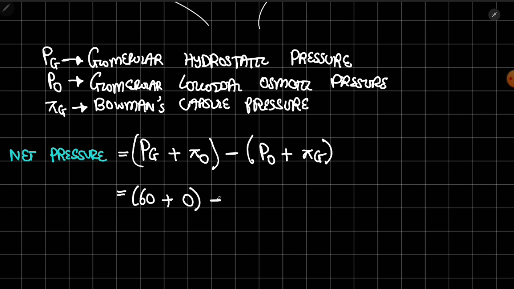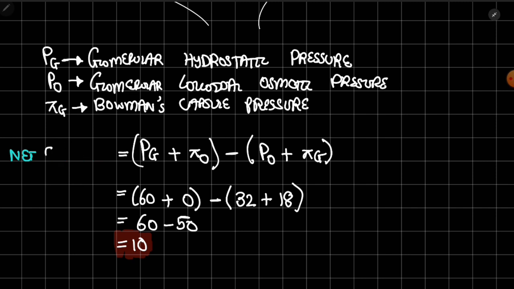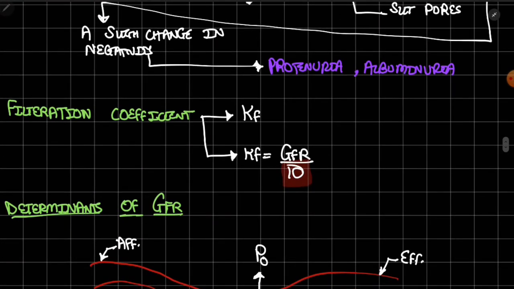The glomerular colloidal osmotic pressure is 32, and the Bowman's capsule pressure is 18. The answer comes to 60 minus 50, which is 10. So the net filtration pressure is 10, and this 10 comes from the net filtration pressure.